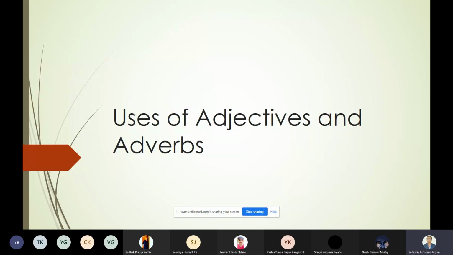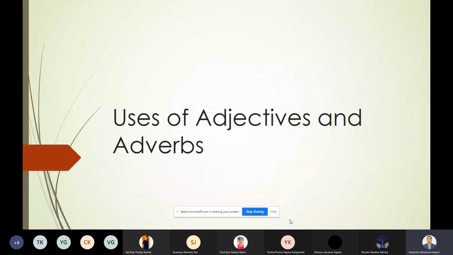This is the only way through which we are going to improve our grammar. Related to the parts of speech, what is meant by noun, what is meant by pronoun, today we are going to study the uses of the adjectives and the adverbs.